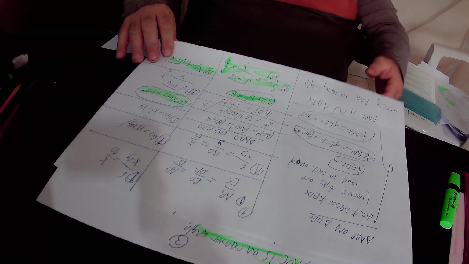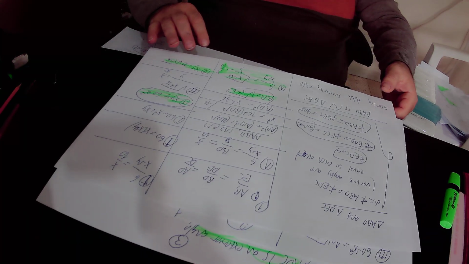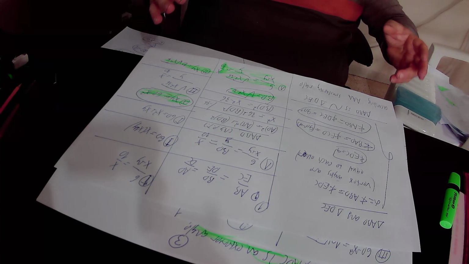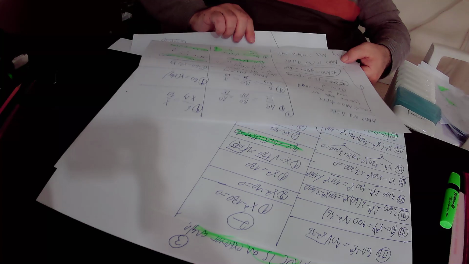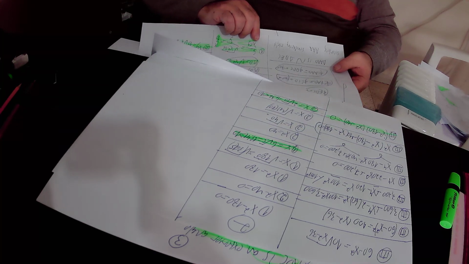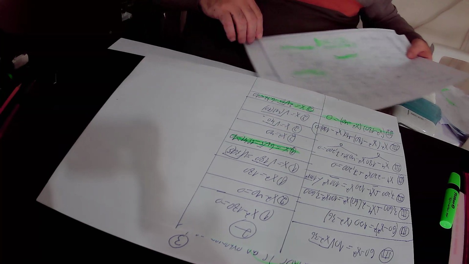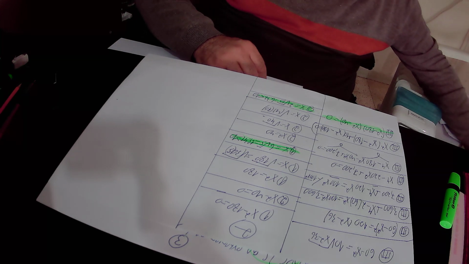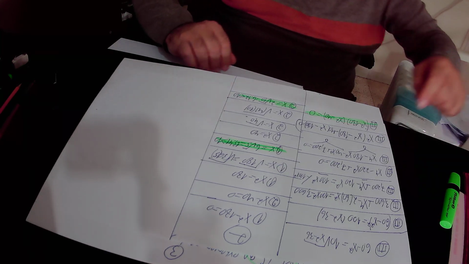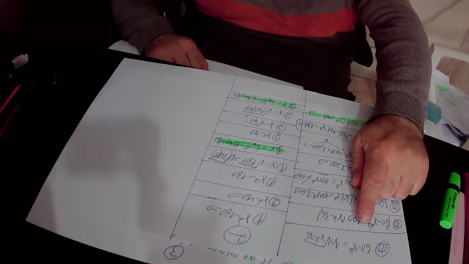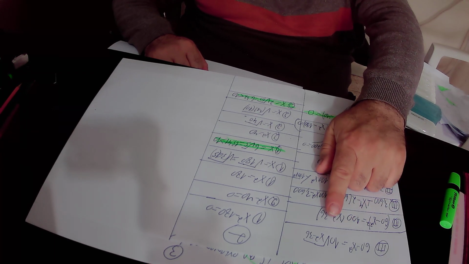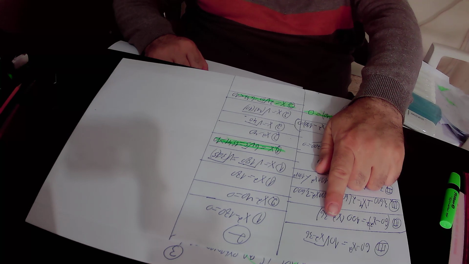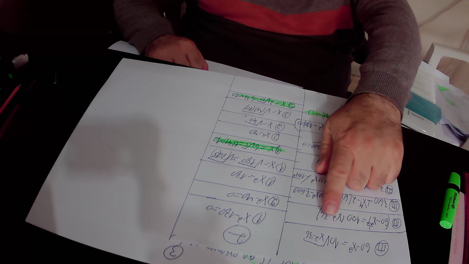So we have two different expressions for xy. Then we created equation number 3, which states that xy according to equation number 1, which is 60 minus x squared, must be equal to xy according to equation number 2, which is 10 times the square root of x squared minus 36.